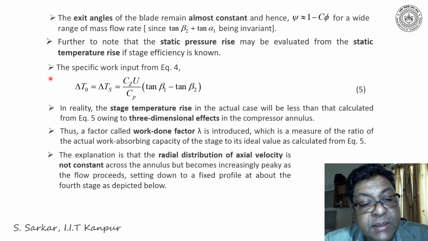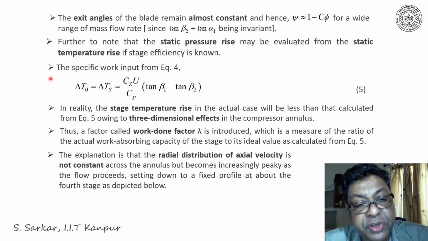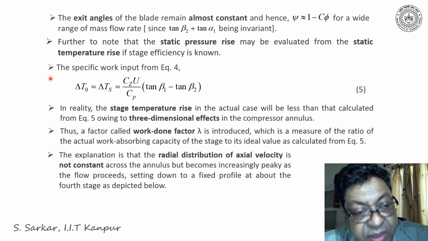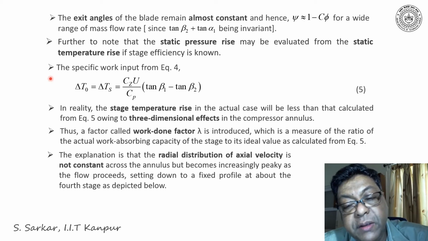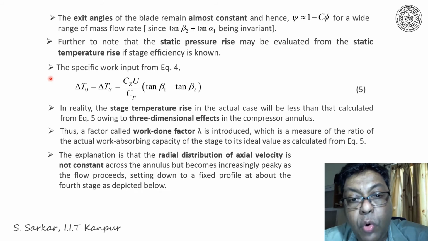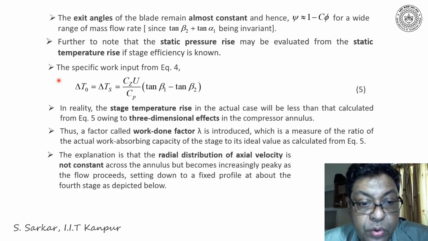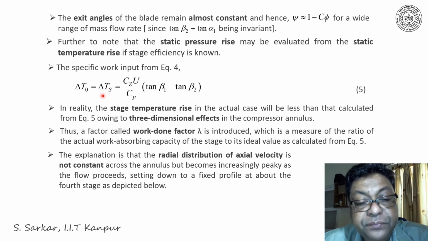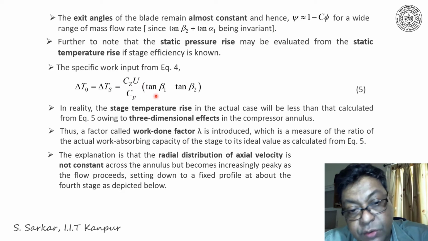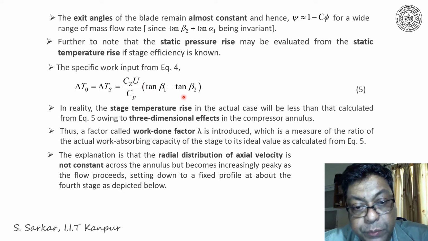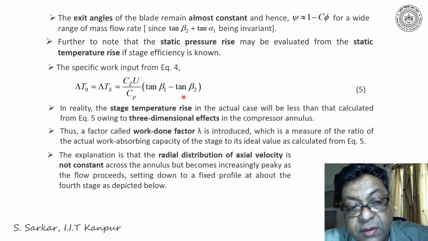Now, the total temperature rise of the stage or the static temperature rise can be evaluated from the specific work input from equation 4 as del T0 is equal to del Ts is equal to Cz into U divided by Cp into tan beta 1 minus tan beta 2, where del T0 is the total temperature and del Ts is the static temperature rise across the stage.